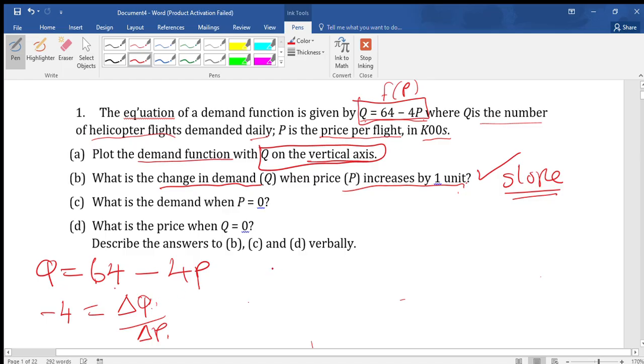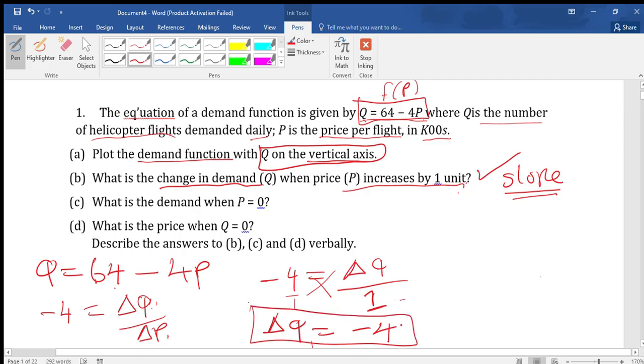So we are simply saying negative 4 is equal to the change in Q which we are looking for, over the change in P, which has increased by 1. So this is positive 1. Increment means positive 1. So we'll solve for change in Q. So this implies that the change in Q will be equal to, this is over 1, cross multiply from there, we will have a negative 4 as our solution.